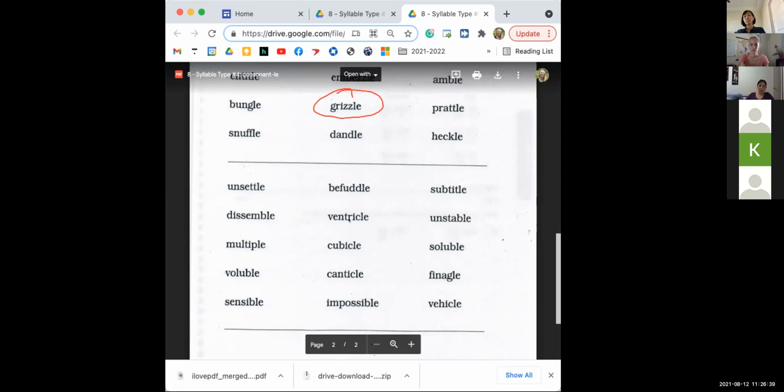So here's the word ventricle. We do hear the short I in this word, even though it's the open syllable in the middle of the word. But here's the word cubicle. That I takes the schwa sound. Cubicle.